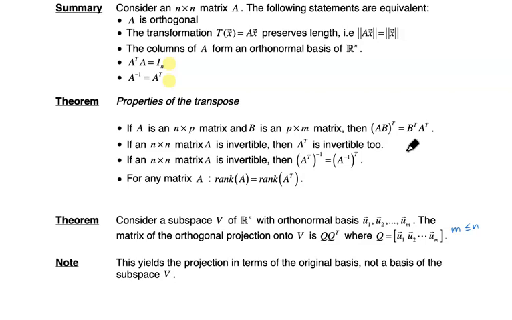At least for 2 by 2 matrices, you can think of the determinant AD minus BC not changing. So if AD minus BC is not 0 for A, it's not going to be 0 for the transpose either. One more, not too obvious but useful transpose property, and finally something about the rank.